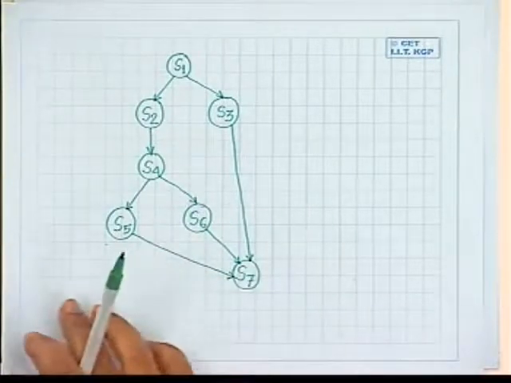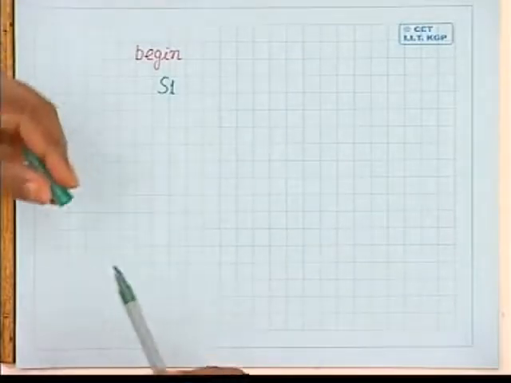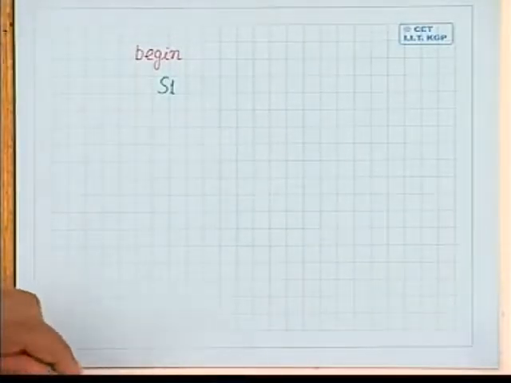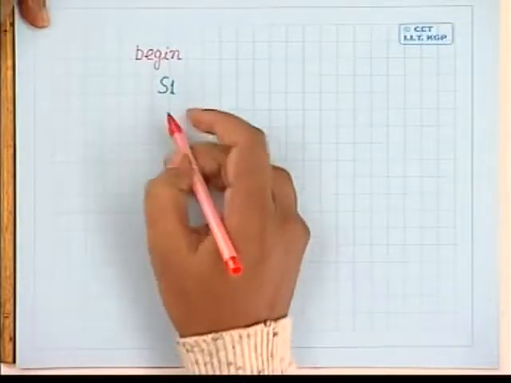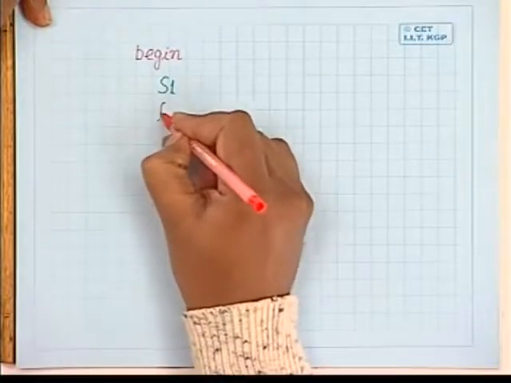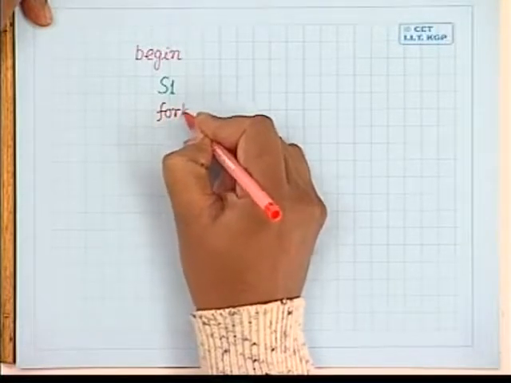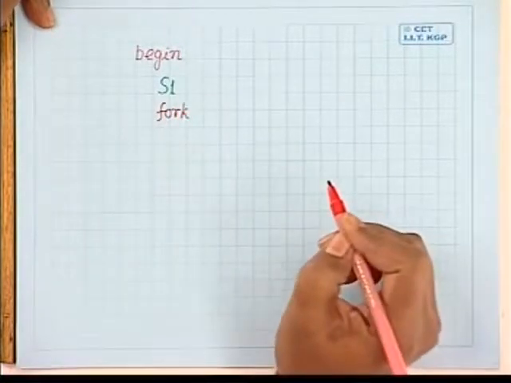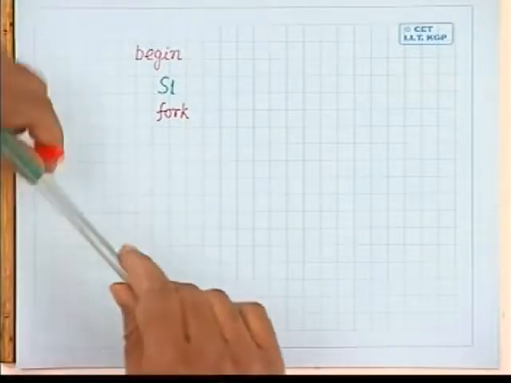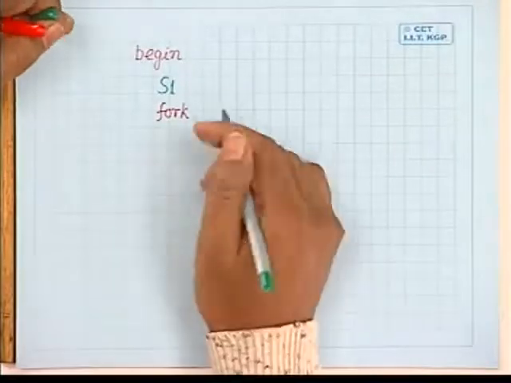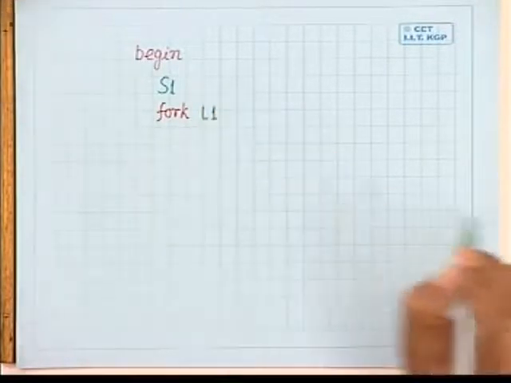The system call that we will assume is a fork system call, used for creation of a process. The fork system call has to work with a label, so I'll say fork L1.